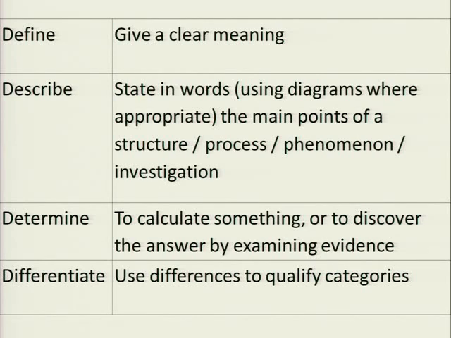When you determine, you will also be expected to calculate something or to discover the answer by examining evidence. Then the other one will be differentiate. When you differentiate, you use differences to qualify the categories, like differentiating the theories of Lamarck and Charles Darwin.